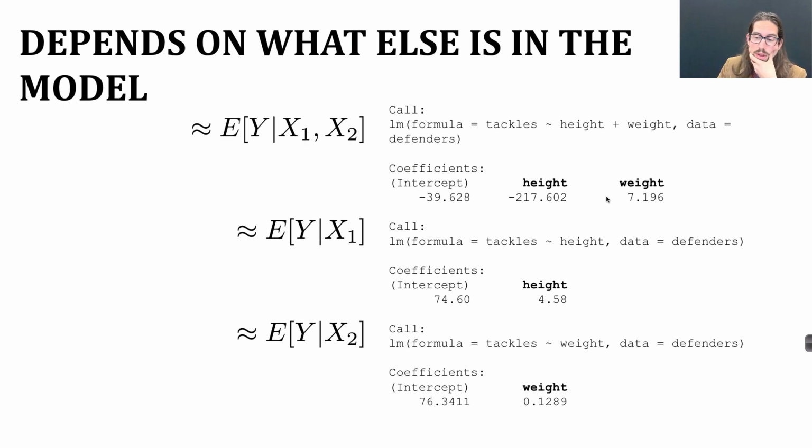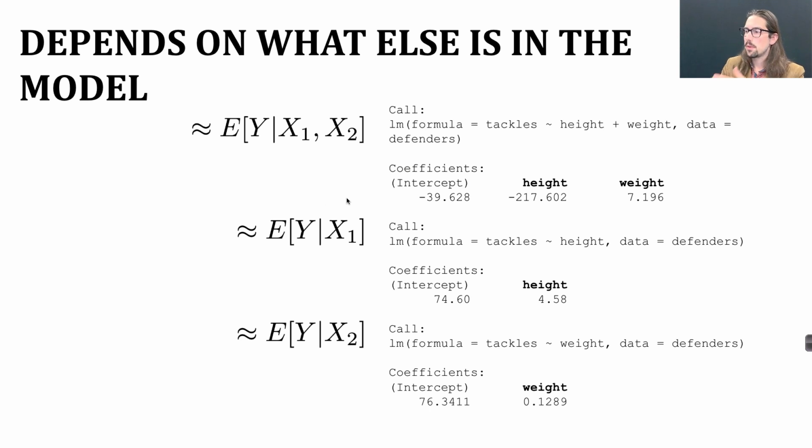If you keep out weight, then it's a conditional expectation of tackles given just height. And similarly, here we have the conditional expectation of tackles given just weight. And these are just different functions. There's not necessarily a relationship between them or assumptions that we can make that relate them. They're just different linear approximations.